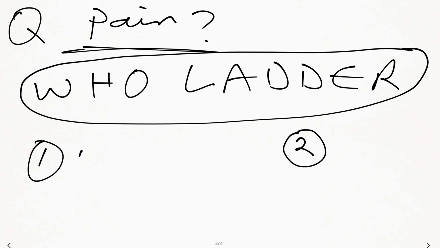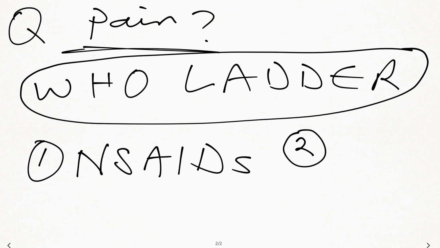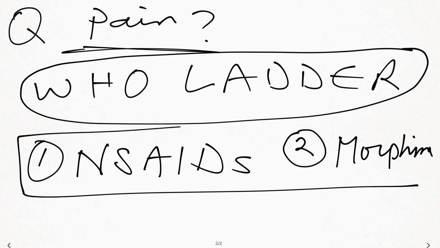Number one, you do not want to give a non-steroidal anti-inflammatory drug. And you are not going to give morphine also. So morphine and non-steroidal anti-inflammatory drugs are not acceptable in acute pancreatitis.